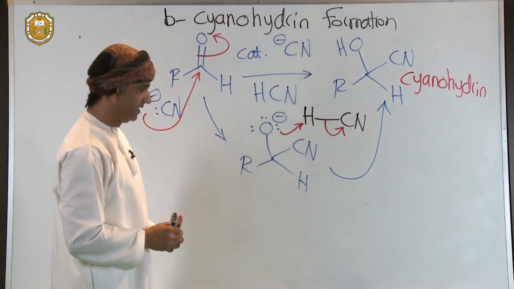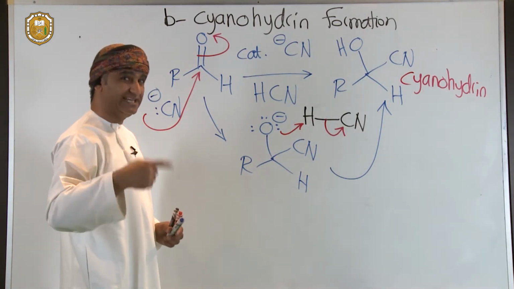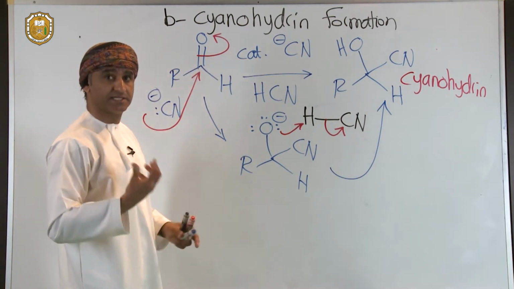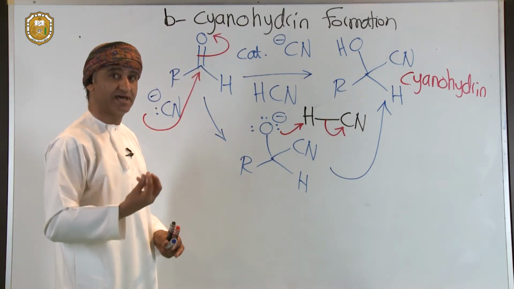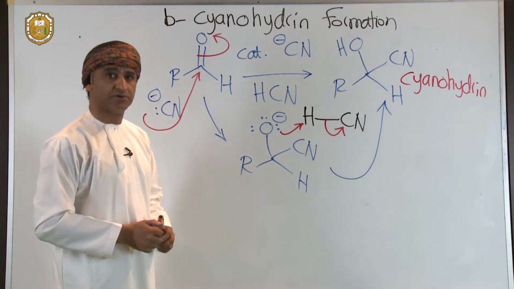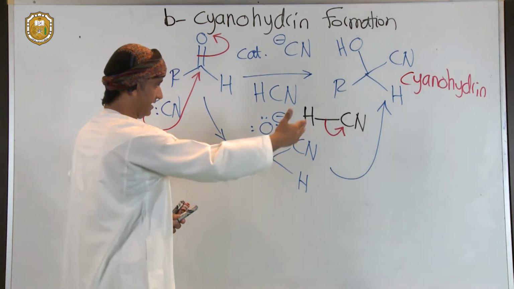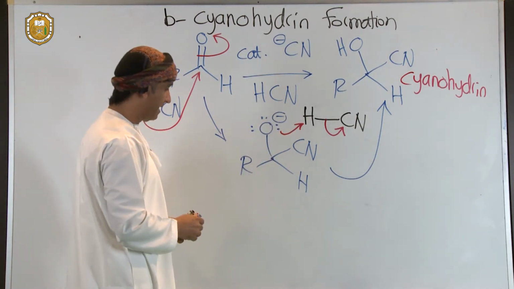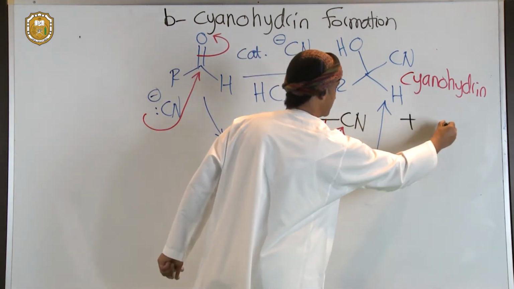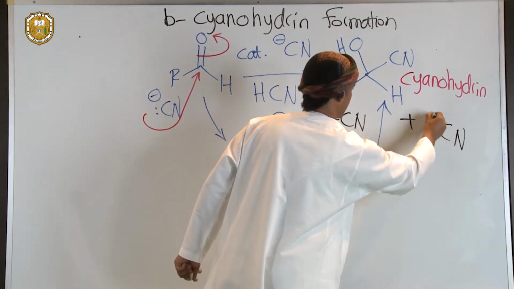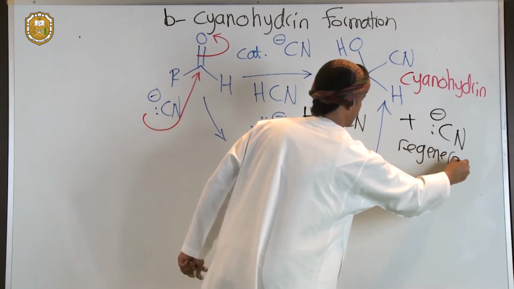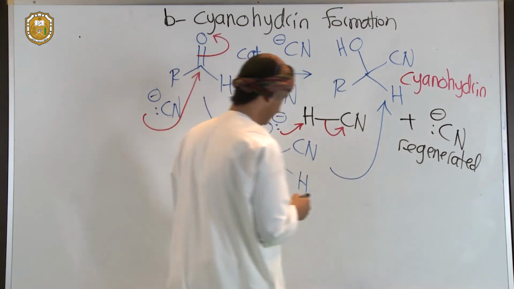Now this gives the final cyanohydrin product with release of the catalyst, if you like, because we use the cyanide ion as a catalyst, a species in catalytic amount, less than 1 mole in general relative to the reactant. So this protonation step releases the product plus the cyanide ion, regenerated or recycled, if you like, because it is a catalyst.